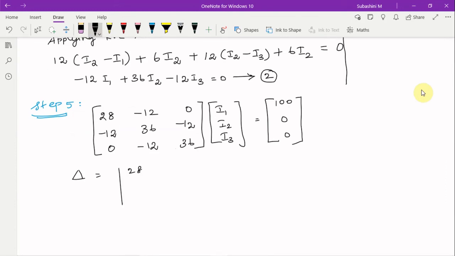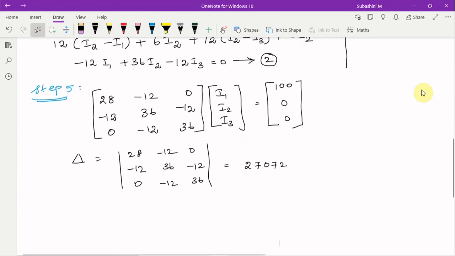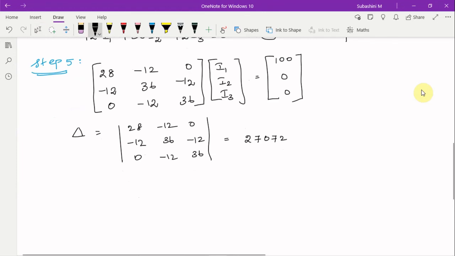Like 28 minus 12 0, minus 12 36 minus 12, 0 minus 12 36. If I find the determinant, I will be getting 27,072. I am only interested in finding I3, therefore I will find del I3. How can you find del I3?